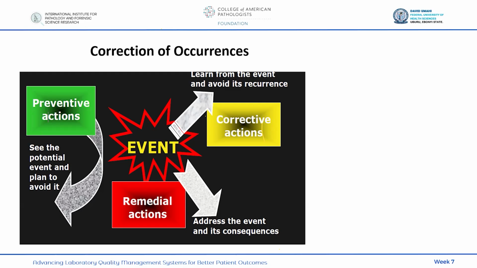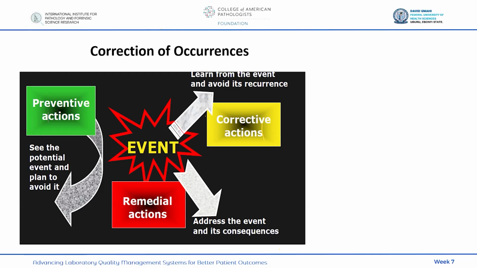But if the event is there, because we are not perfect, so we always have this occurring. So when the event occurs, address the event and its consequences, and always learn from whatever happened and try to make it possible for it not to happen again. Then another one is to put in a corrective action.